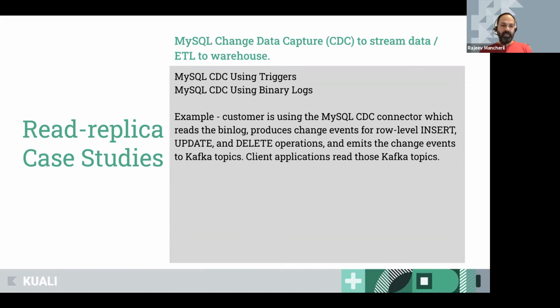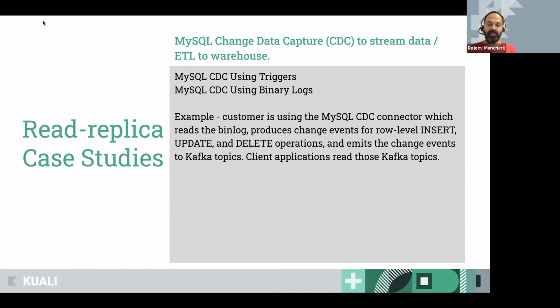The other option, just continuing with the case studies, is once we have the read replica enabled, we can use the MySQL CDC connector, which is basically change data capture. You get to know what options are available and how you can capture the change events.